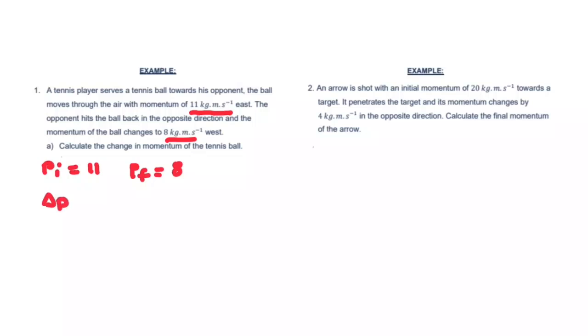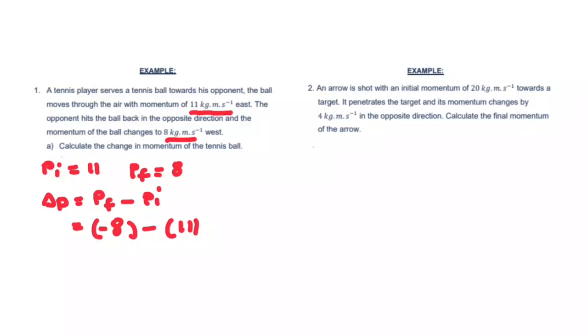We know fully well that this is equal to momentum final minus momentum initial. So the final momentum is 8 kg meters per second to the west. So that will be minus 8. This is because we're taking direction to the east as positive. So we have minus 8 minus the initial momentum, which is positive 11 kg meters per second to the east.